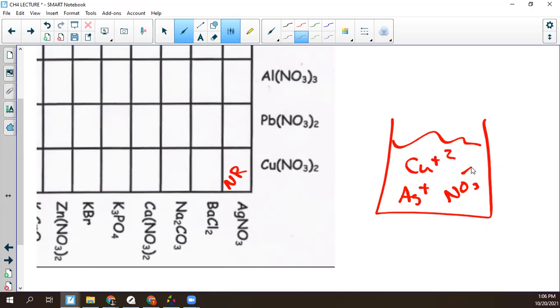Okay, tell your partner, what could I add in here to form a precipitate? That's a harder question.